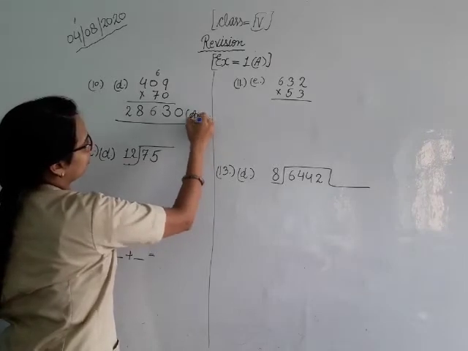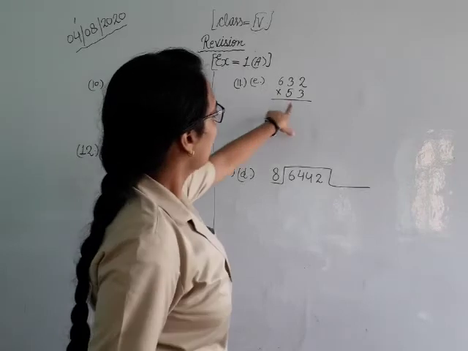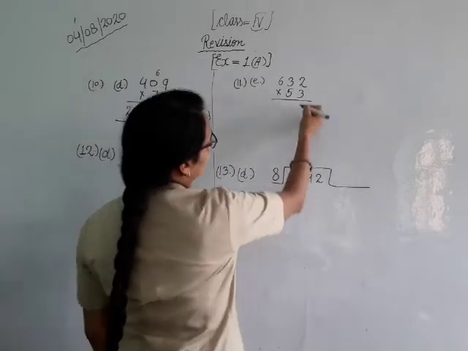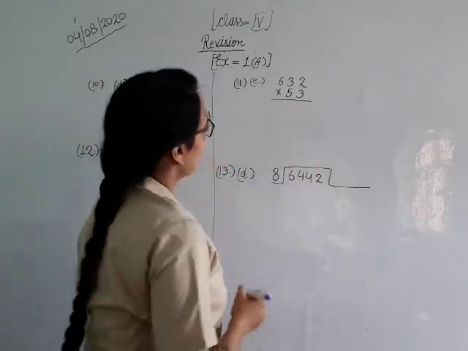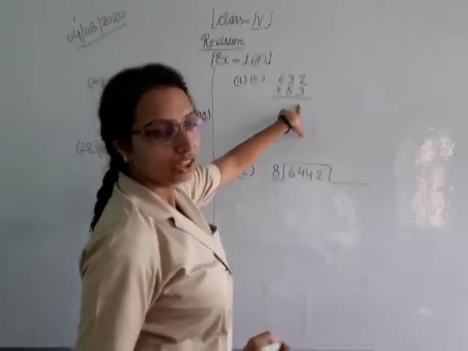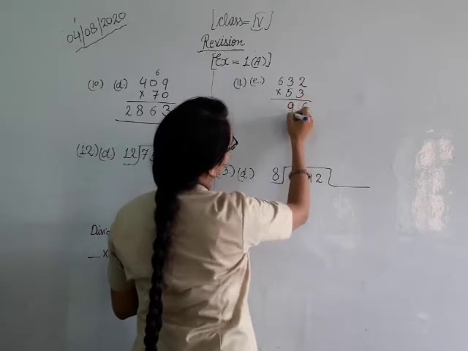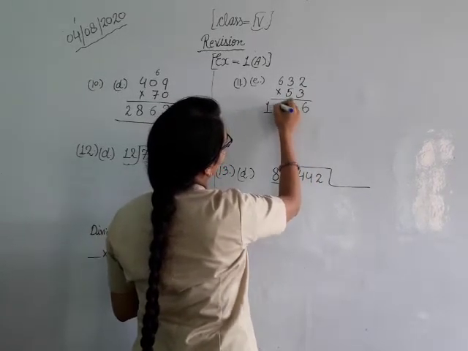Understood? Then see our 11th question. There are 2 digits and nowhere is there 0. Okay. So first of all we will multiply these full digits by 3. Okay. So 3 2s are 6. 3 3s are 9 and 6 3s are 18. Okay.